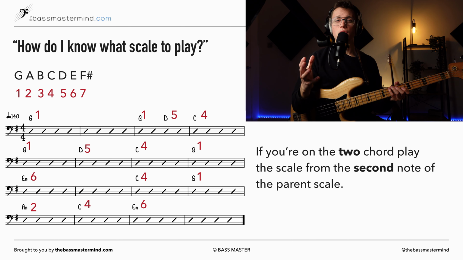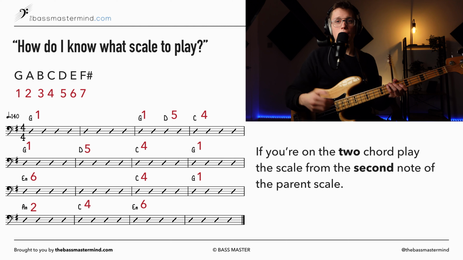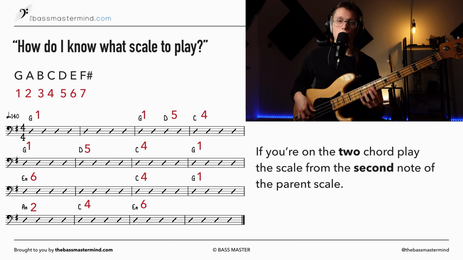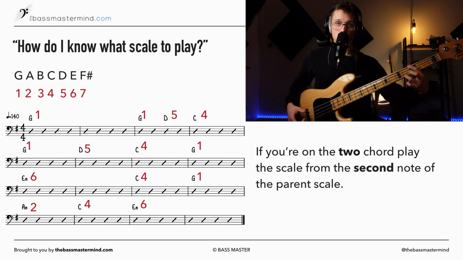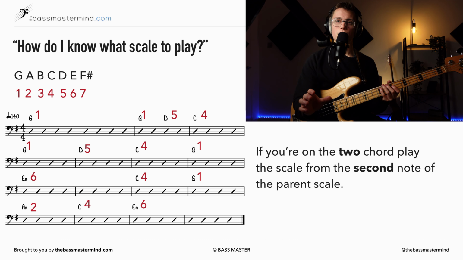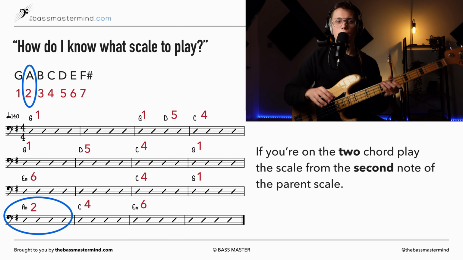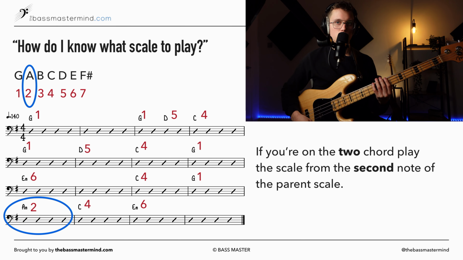And to answer the question, how do I know what scale to play? Well, you can play the parent scale over all of these chords. So on Take It Easy, you can play the G major scale over all of these chords. The only difference is what note will you be starting the G major scale on. For example, if you're on the 2 chord here in bar 13, the scale you would play on this 2 chord is the parent scale starting on the 2nd note.